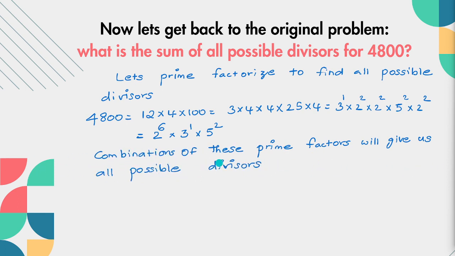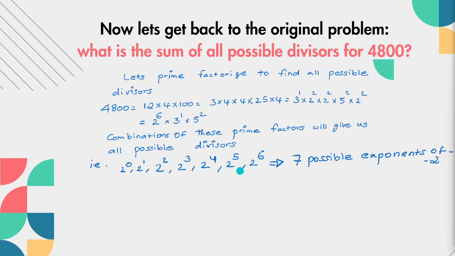And first, let's find out how many combinations of the prime factors will give us all possible divisors. So we need to find all the combinations of these prime factors and that will give us all possible divisors. So now let's find out how many possible exponents of 2 there are.